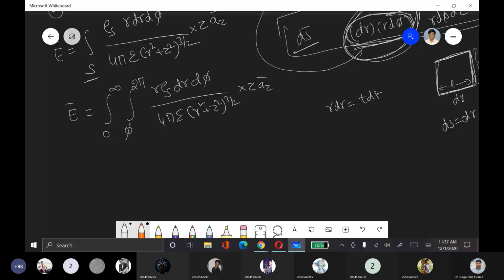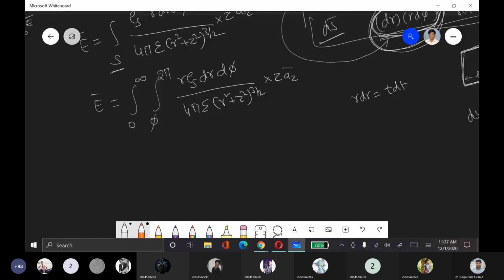So what I can write is E bar is equal to rho s. z is also constant here, az is also constant here, 4 pi epsilon is also constant here. So everything is constant. So d phi, I'll put it like this. r dr is t dt, and r square plus z square we have taken as t square.